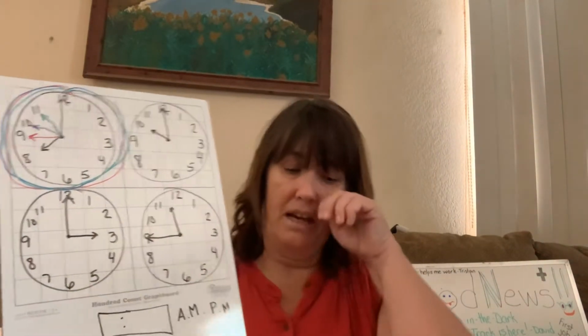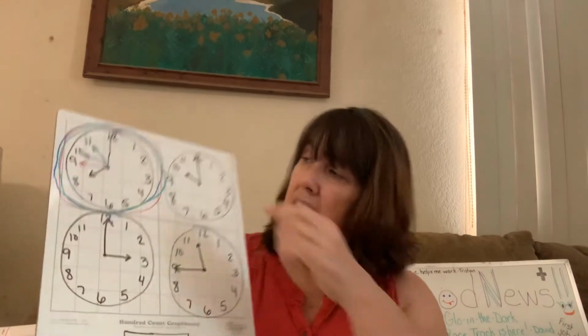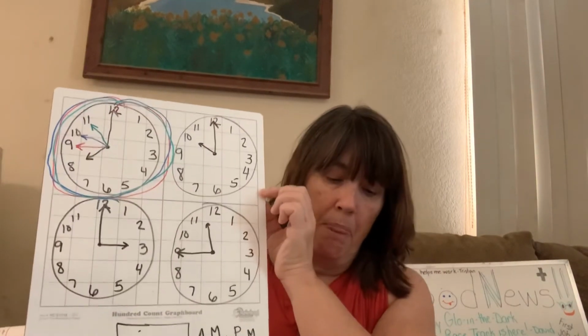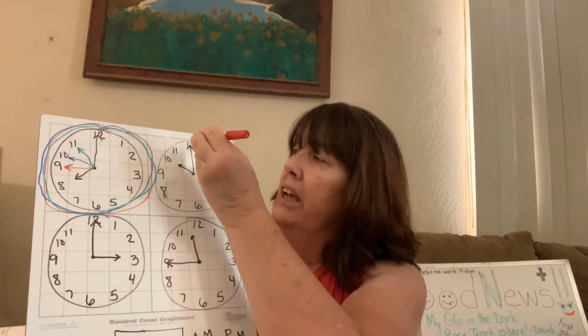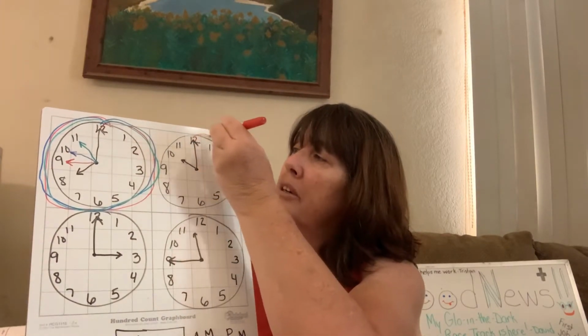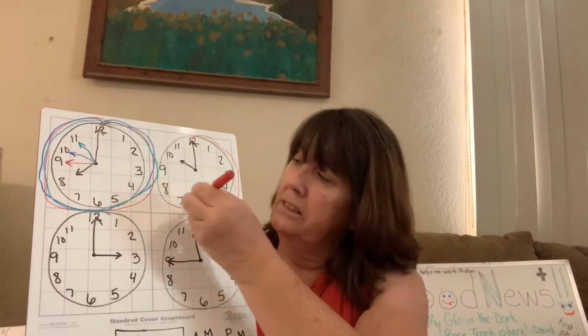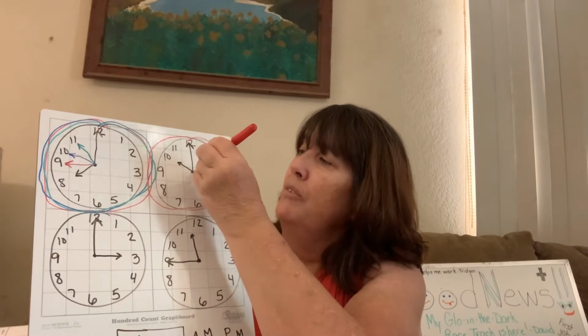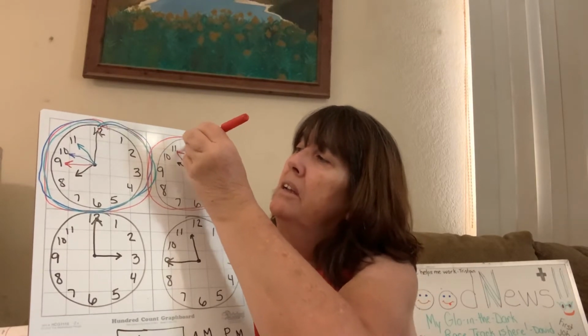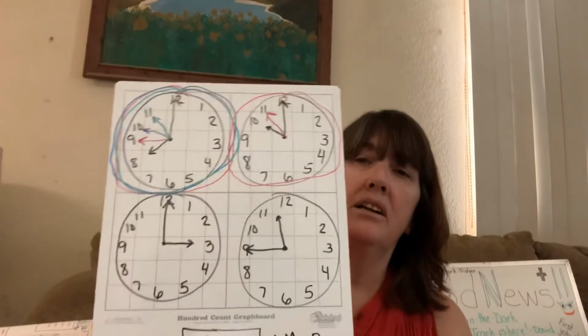Okay, let's try another one. We're starting this one at 10 a.m. and we want to finish at 11 a.m. Okay, so we're going to move our minute hand around the clock once for 1 hour, and our hour hand ends on 11.